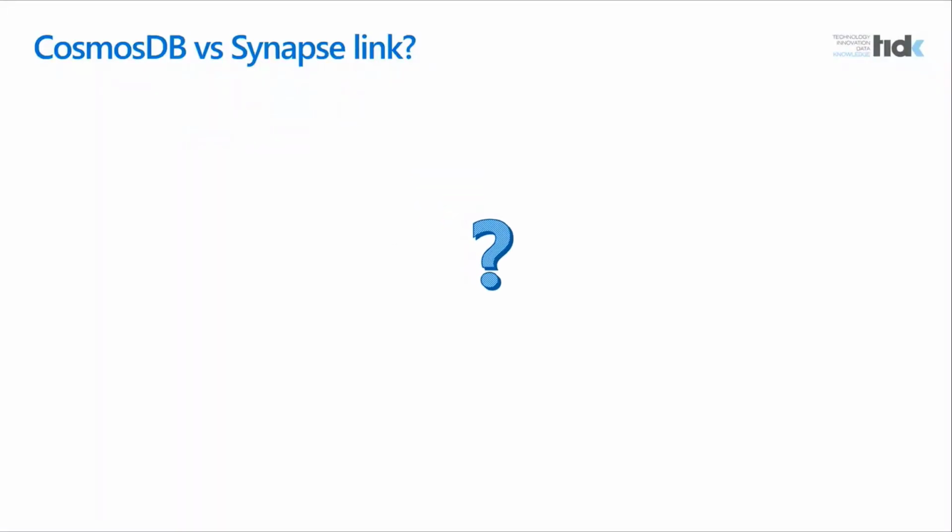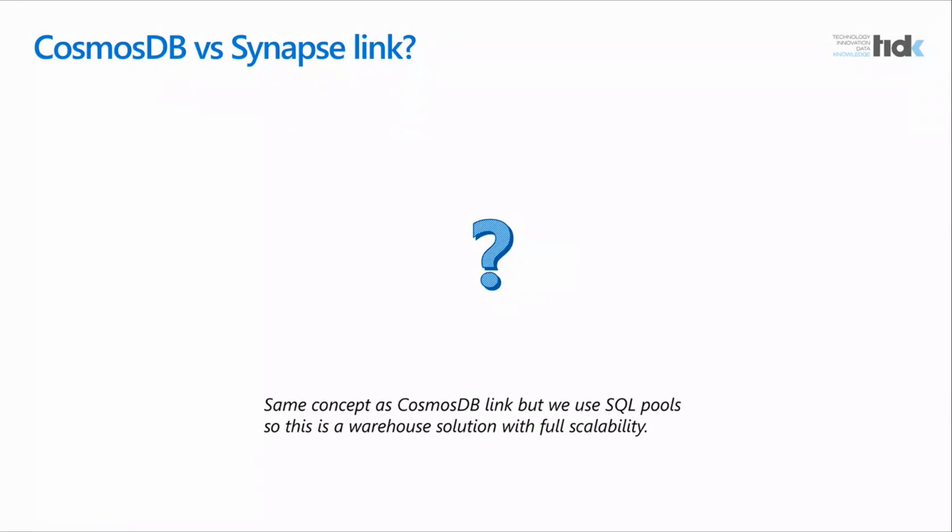So what's the difference between this and the other link connection concept already introduced in Synapse, I mean Cosmos DB versus this SQL Server Synapse Link? Well, the concept itself is the same, but it uses different techniques.